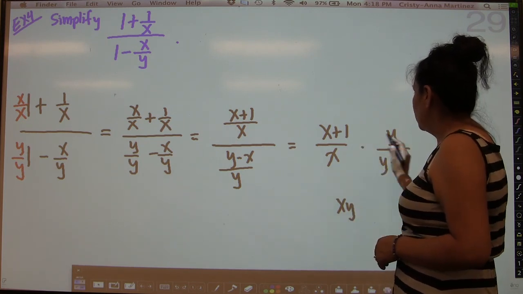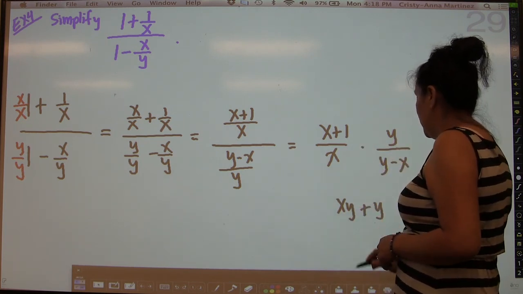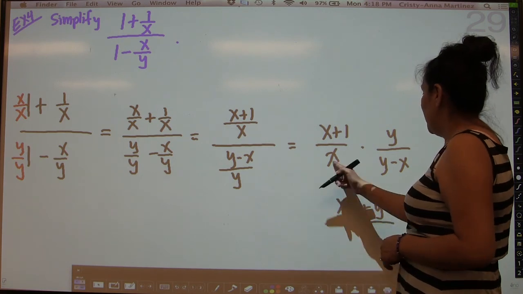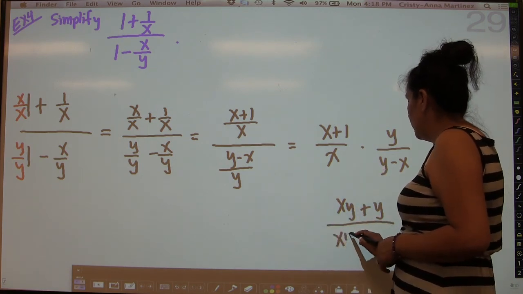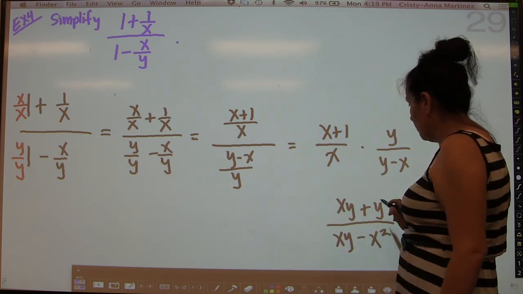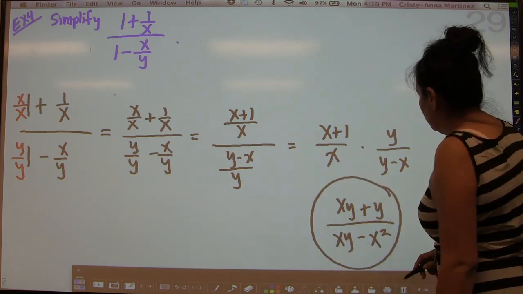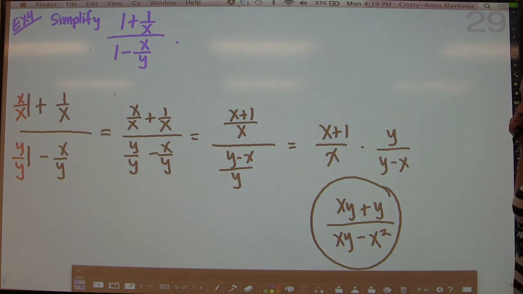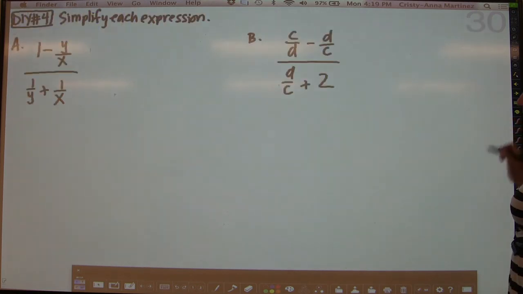And then 1 times y is just y. So you get xy plus y on the top. And then x times y is xy. And x times negative x is negative x squared. And at the end of that long process, you would have xy plus y divided by xy minus x squared. Alrighty? So now you can try these examples.